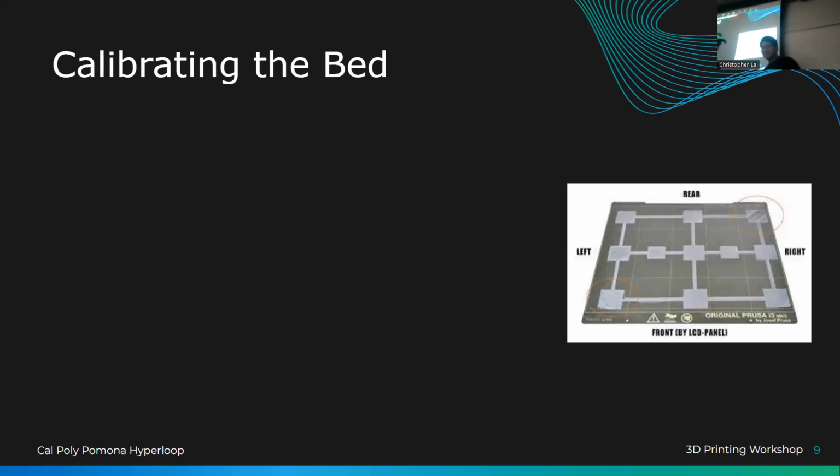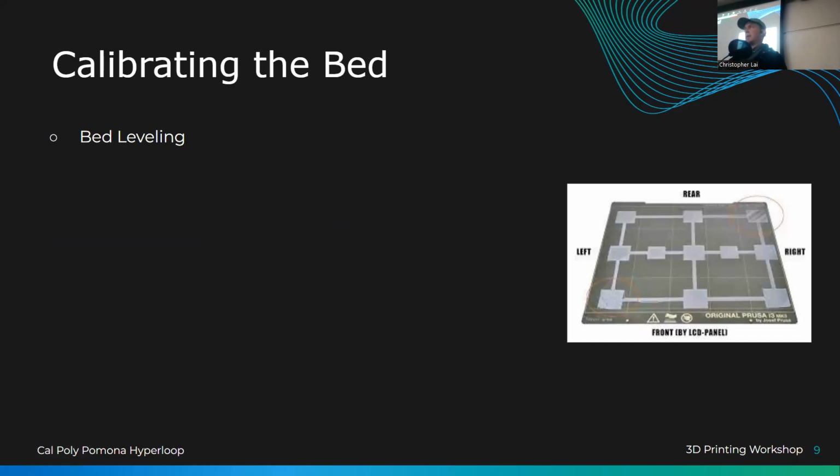So we're going to be quickly talking about calibration. There's a reason why we do this. One of the main reasons is obviously the printer doesn't actually know where it is relative to the whole thing. It only understands absolutes, right? So we level the bed to make sure you have an even distribution of plastic when it is laid on the first layer.